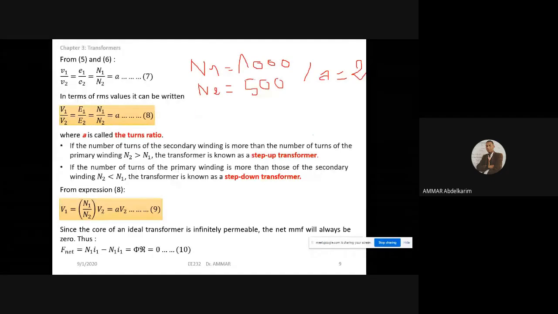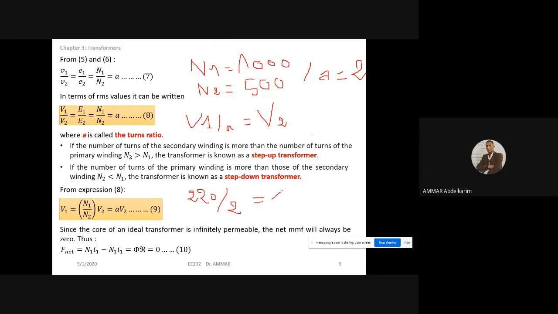According to expression number 9, V1 over A equals V2. If V1 is 220, 220 over 2 is 110 volt.